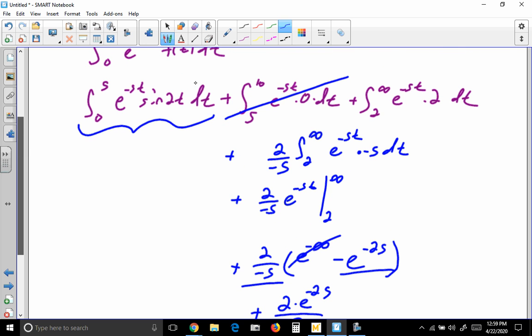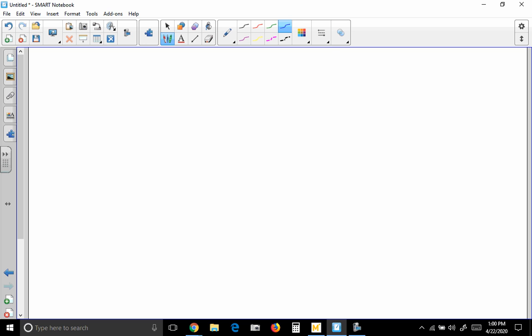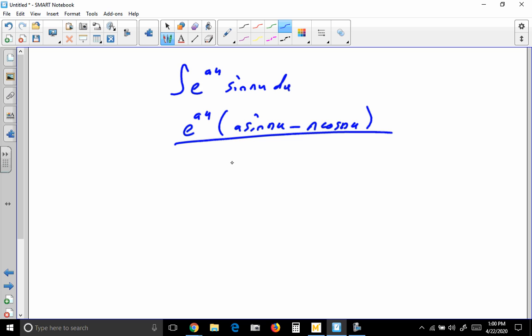So then if we come back here, there's a formula to do this integration. If we look in our table, there's a formula that says if we have e to the au sine nu du, that integrates into e to the au times a sine nu minus n cosine nu, over a squared plus n squared.